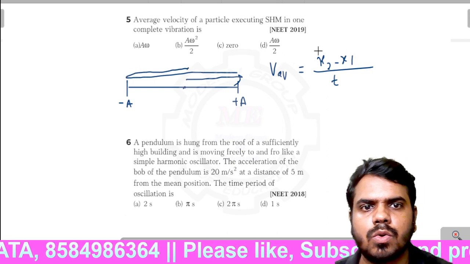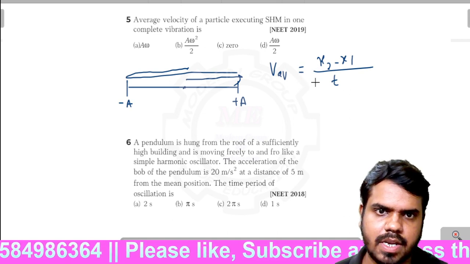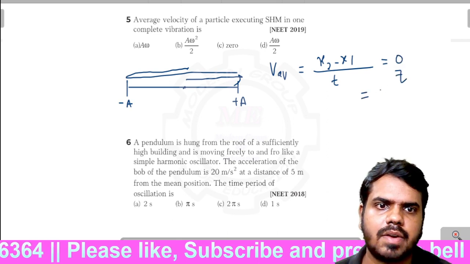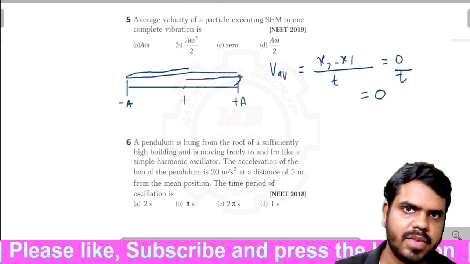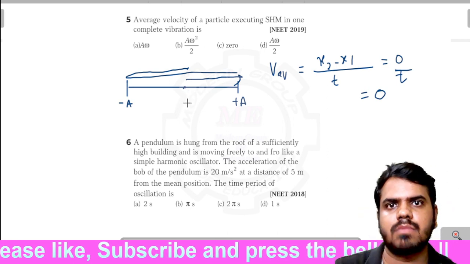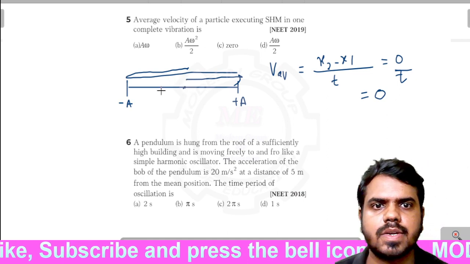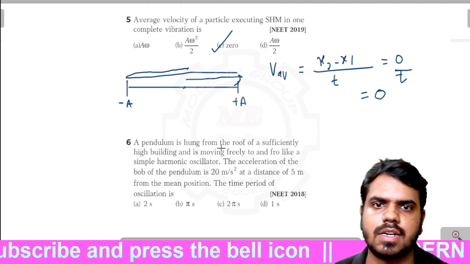Actually the distance is 4 amplitude, but there is no displacement, hence it is 0 by t, so the average velocity is 0. The body starts from the mean position and comes back to the mean position after one time period. So there is no displacement, hence no average velocity. So 0 is the correct answer.